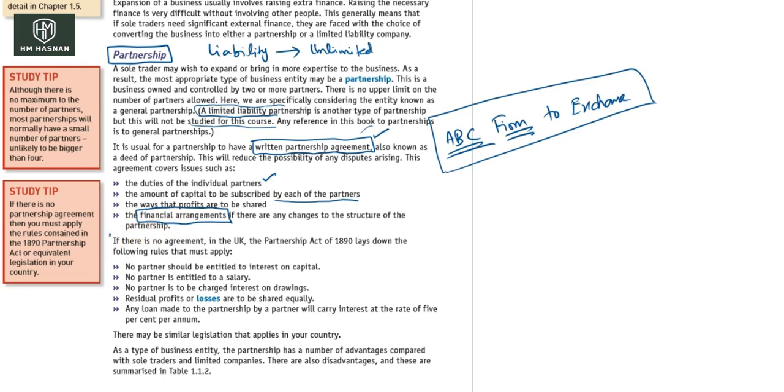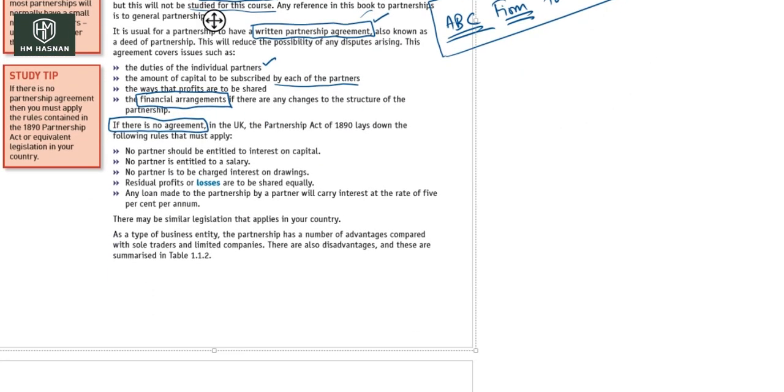If partners are doing business without any agreement, then by default the following rules are applied to the partnership business. No partner should be entitled to interest on capital. It means no partner can withdraw interest from the capital. No partner is entitled to a salary.